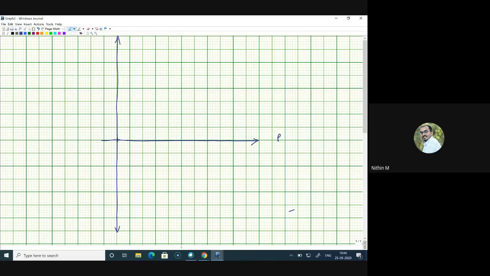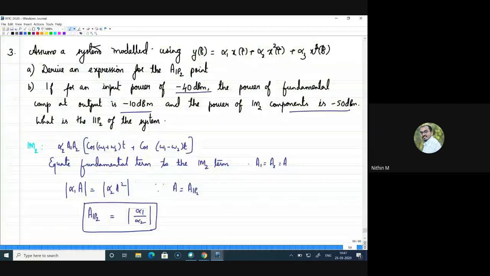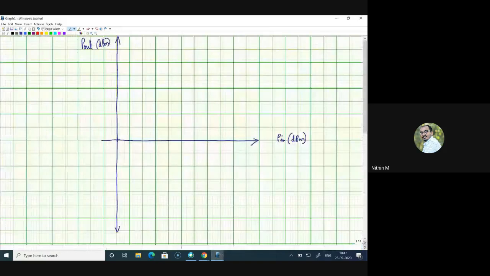Here I'll be marking the input power, which is in dBm, and this will be the output power, which is in dBm. Now, let me start somewhere here. What is the input power given? Input power is minus 40 dBm. So let me start here. This is my minus 40 dBm point.